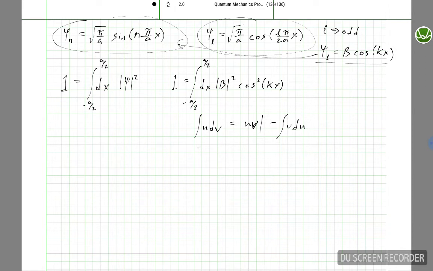Okay, my u is going to be cosine kx, making my du negative sine kx. Since I chose u to be cosine, that means dv has to be cosine kx, and then v is the integral of that, which is just going to be positive sine kx.